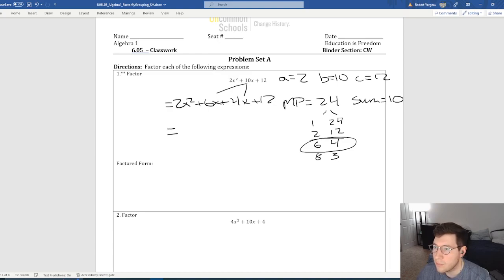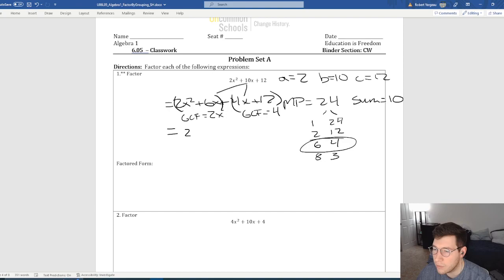From here, we're going to group these. And I know that the GCF here is, well, 2 and x, so 2x. And the GCF here, that's going to be, well, they share a 4, so 4.